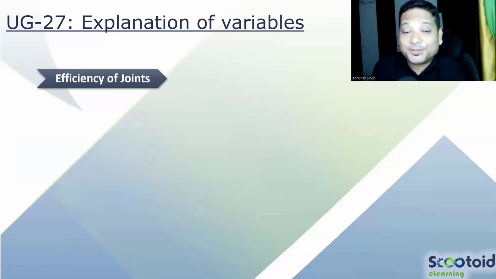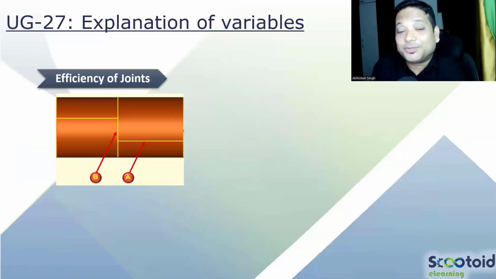Moving forward, efficiency of joint is also a very important parameter which you need to understand. You have seams getting welded, right? The shell will be formed by long seams and circumferential seams, so you need joint efficiency. Now, joint efficiency depends upon how many parameters? Which parameter will decide your joint efficiency? Is radiography enough for deciding the joint efficiency?